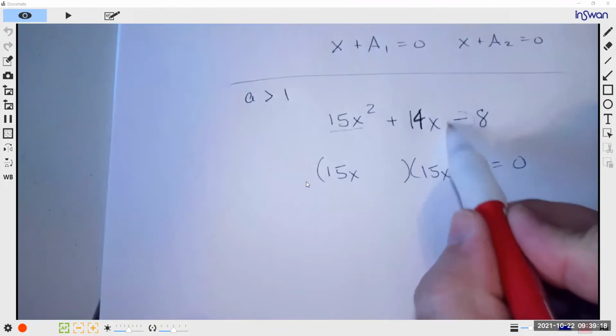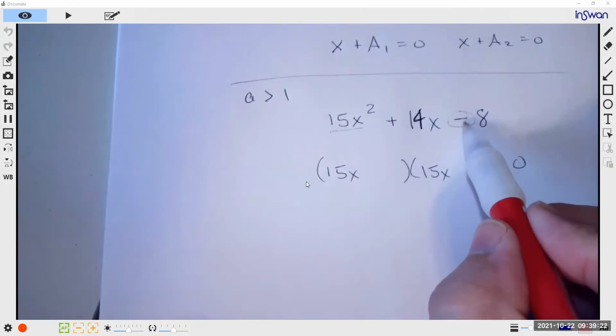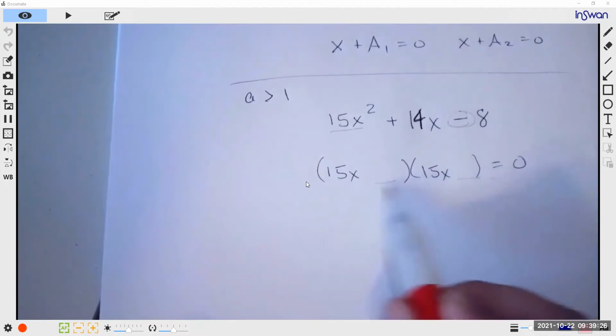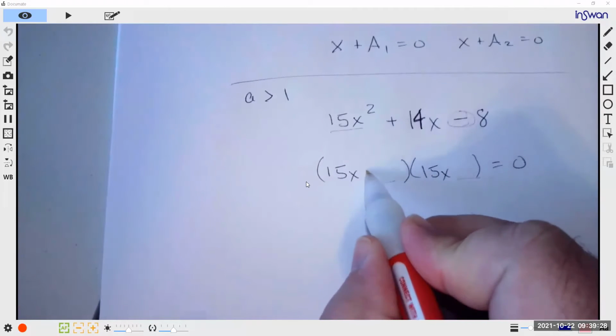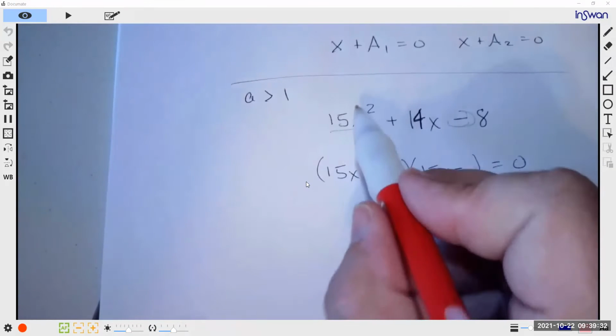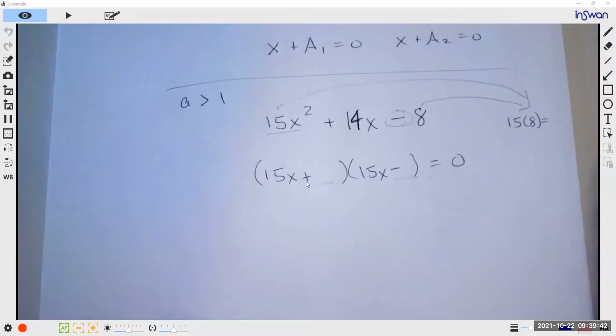Looked at the second sign. Remember, if the last sign is negative, the only way you have 2 terms multiply to be negative is if they're opposite signs. Then we took the first term and the last term, 15 times 8, and multiply them together.